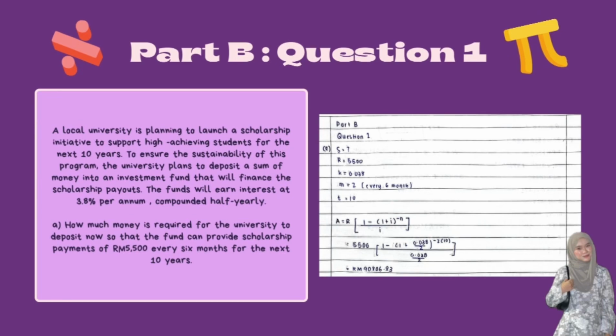When we substitute, it looks like 5,500 in the bracket 1 minus in the bracket 1 plus 0.038 over 2 in the bracket to the power negative 2 multiplied by 10 over 0.038 over 2. So we got the answer RM90806.83.